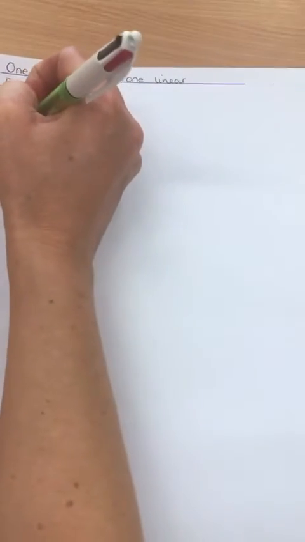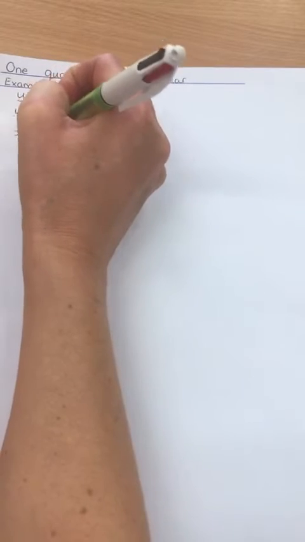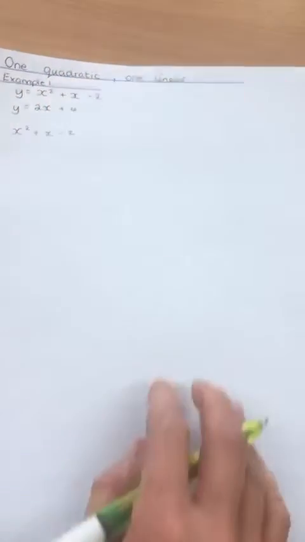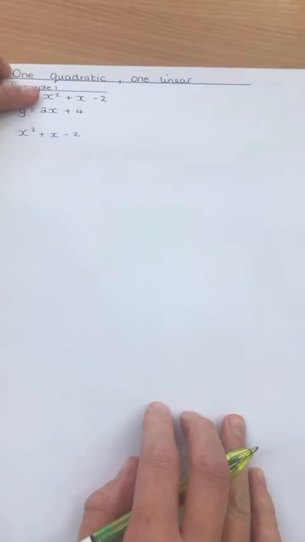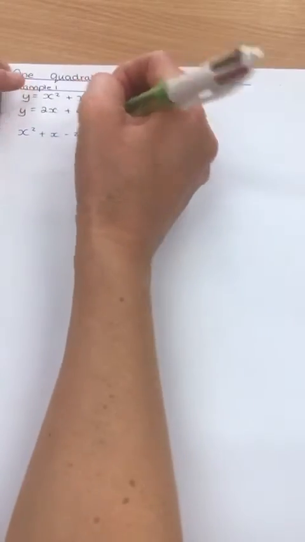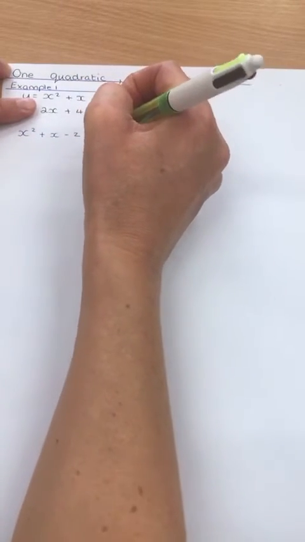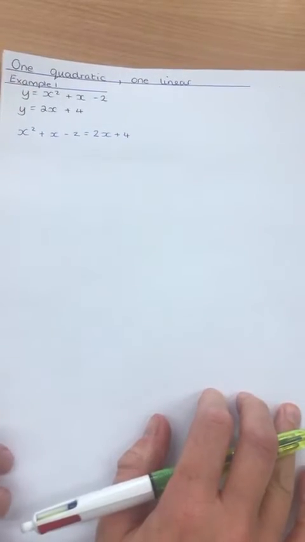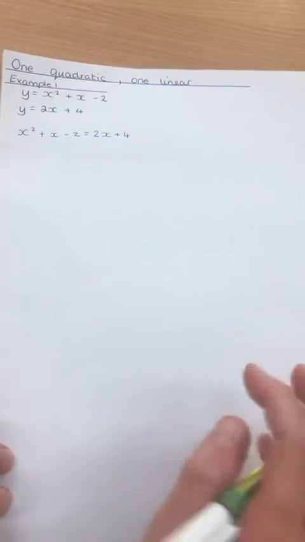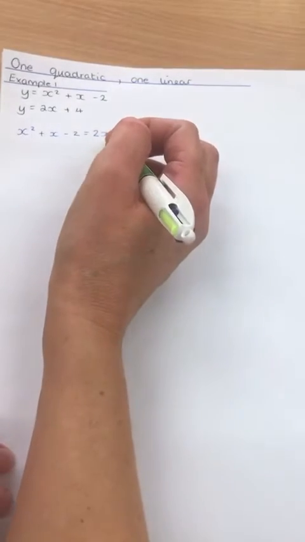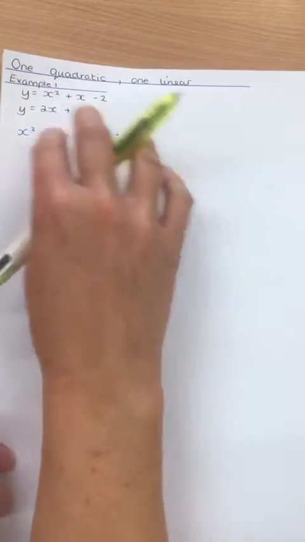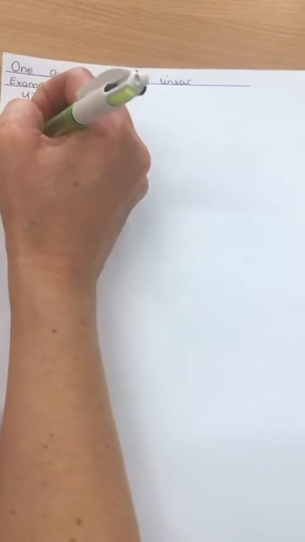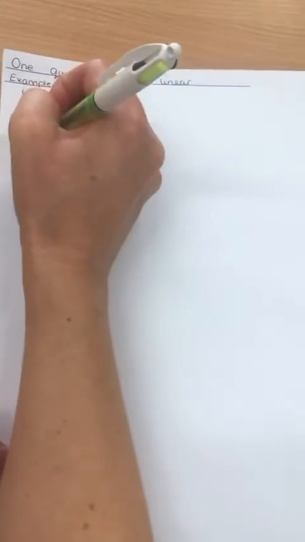So the first thing I write down is that x squared plus x minus 2, which is the top equation, removing the y, is equal to the bottom, which is 2x plus 4. From there, I'm going to rearrange it into a quadratic. So I'm going to subtract everything on the right hand side from the left hand side. So the x squared stays the same.